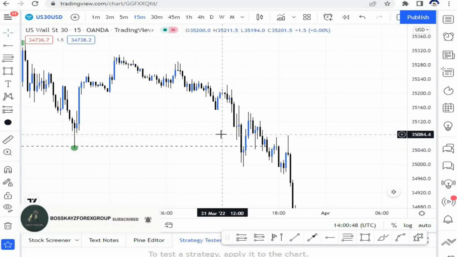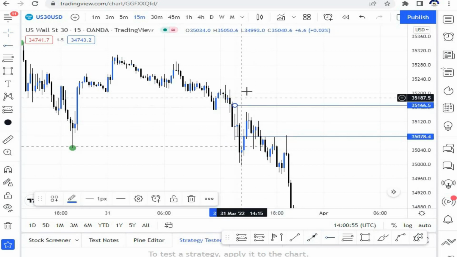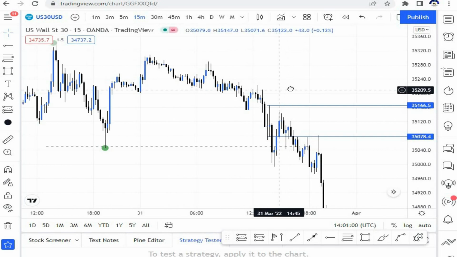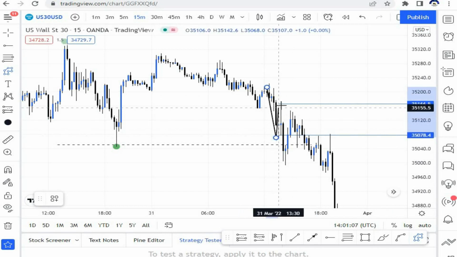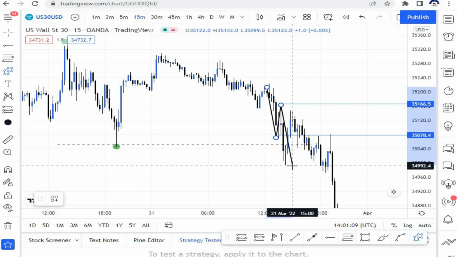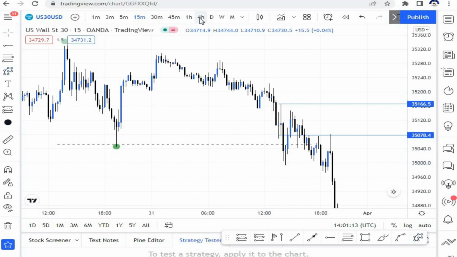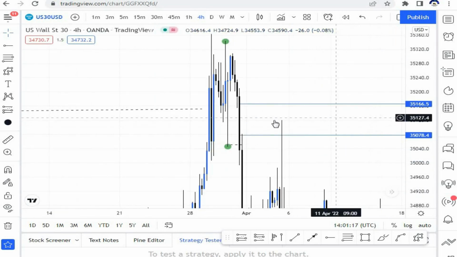So now the next thing which you like to do is to highlight your swing high of the candlestick and the swing low. So once you do this, this will help you to understand that the price has created what we call a drop base drop. And if we go to H4 time frame, let's see.